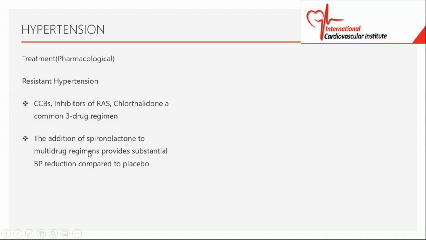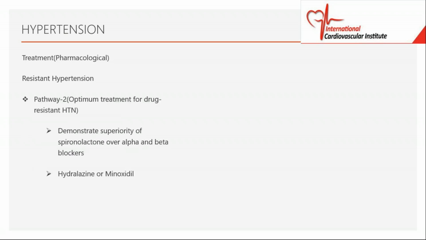As a matter of fact, a lot of studies have shown that spironolactone gives significant reduction in the blood pressure in this situation. So I have a low threshold for adding spironolactone. If the blood pressure seems to be uncontrolled, I'm going to use Aldactone, because it has been shown to be very efficacious in those patients.